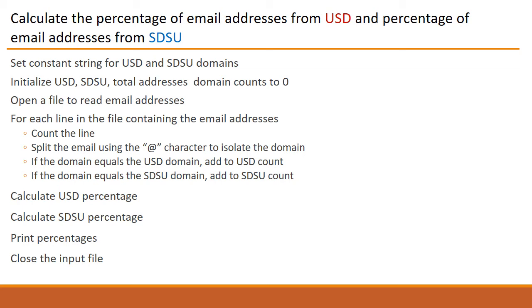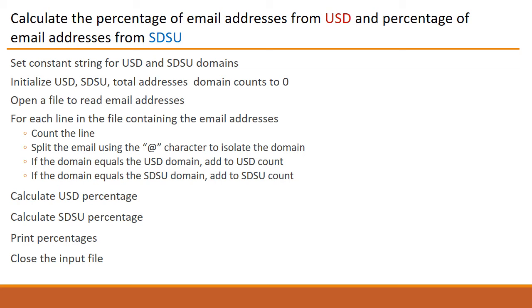So specifically, we'll begin by defining constant strings that represent the USD and SDSU domain. Then we'll initialize our USD, SDSU, and total address sums to 0. We'll open our email address file for reading.